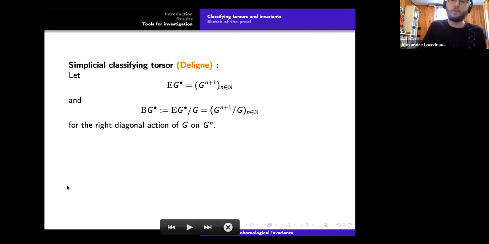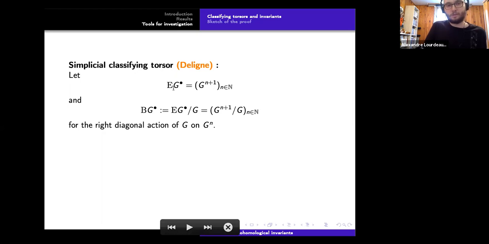So we define first, for given G, the simplicial scheme EG, which has as components all the products of G, with the canonical maps between them: between the components G^(n+1), we forget some coordinates, or we introduce sometimes a neutral element to fill the gaps.